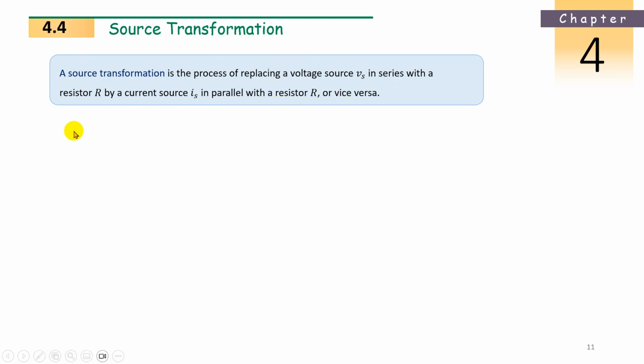Keep in mind, voltage means the resistance will be in series, and current means the resistance in parallel. Why? When you make the voltage zero, it must be a short circuit, so the resistance must be in series so that current can flow through it. For a current source with a resistance, the current source should be an open circuit when it is zero, so the resistance should be active there.